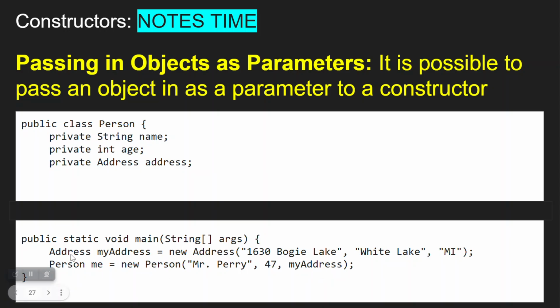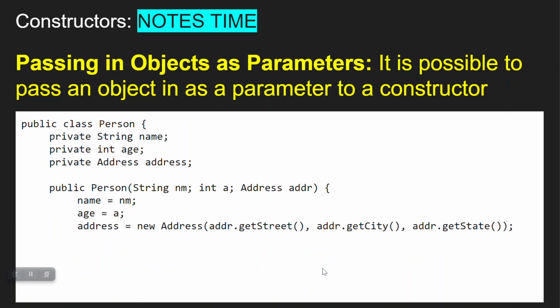So as long as you've created the my address object already and passed in your object data, you can actually pass in an object reference as part of the constructor. And so what would happen in that constructor is you would say, your constructor would be public person, string NM for name, int A for age, and then address ADDR lets it know, okay, expect an address.